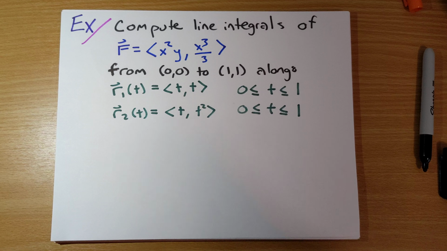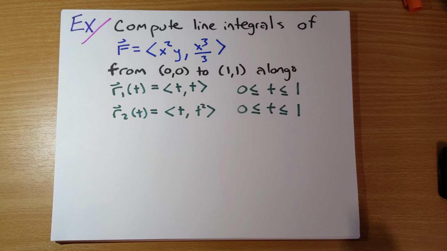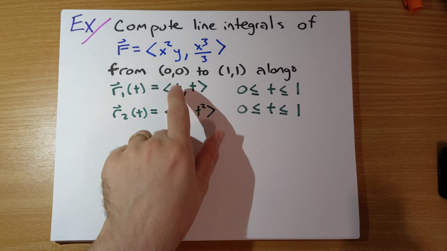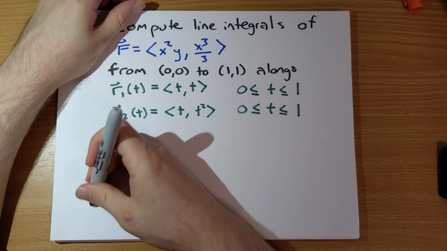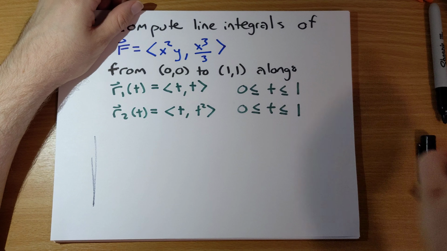So compute line integrals of this vector field. It's just a two-dimensional vector field, x squared times y, comma x cubed over 3. And we're going to integrate from 0, 0 to 1, 1 along two different paths. So this is asking us to actually do two different vector line integrals.